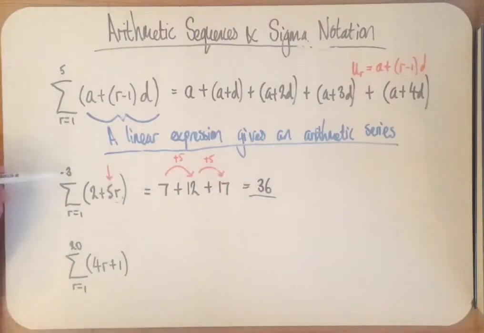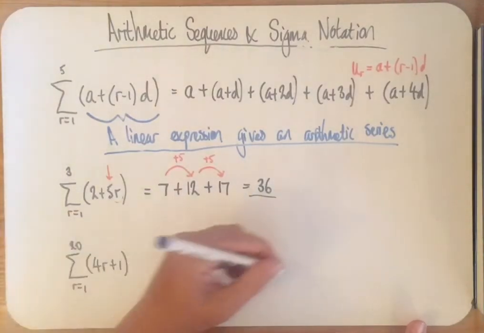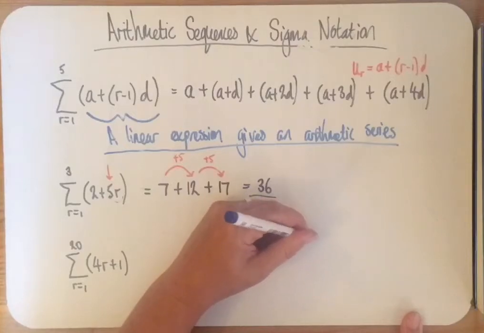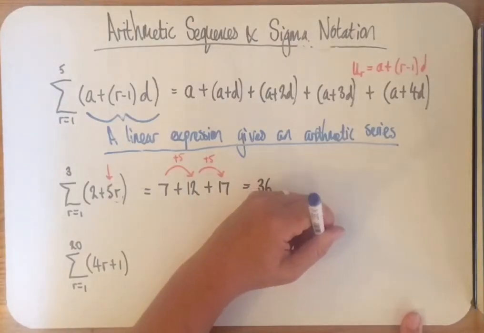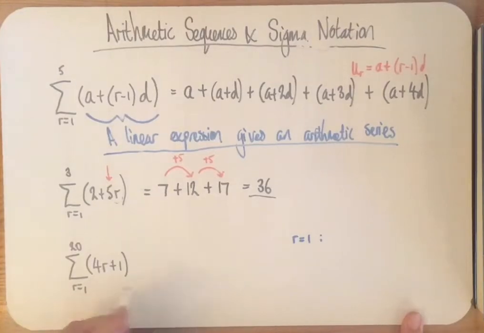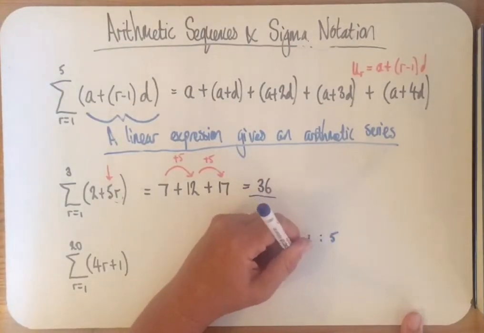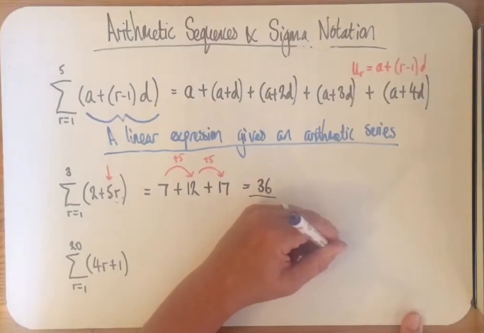But obviously, if this number gets quite big, then you're not going to want to add too many terms, and that's when you would go into the formulae to find the sum. So for this one here, we want to sum r equals 1 to 20, 4r plus 1. So I guess your thought process would be, okay, it's linear, so it's an arithmetic series. When r equals 1, 4 times r is 4 plus 1 is 5. When r is 2, I get 9.